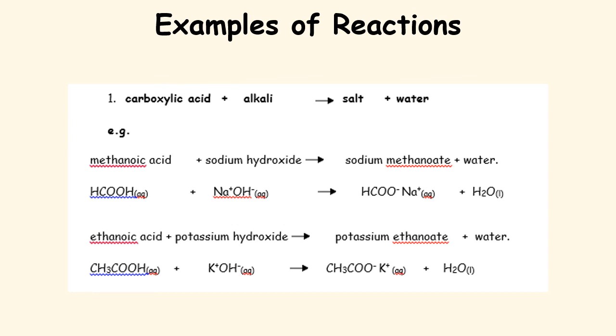And finally, we learnt the reactivity of carboxylic acids. And we learnt that they react with alkalis in the same way that other acids do. And for the name of the salt, all you do is you take the name of the acid and you change it from, for example, methanoic to methanoate. And our next lesson will look more at some of the properties of hydrocarbons in general.